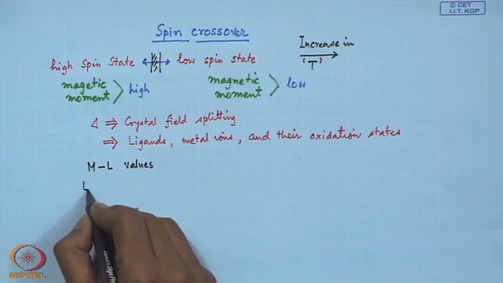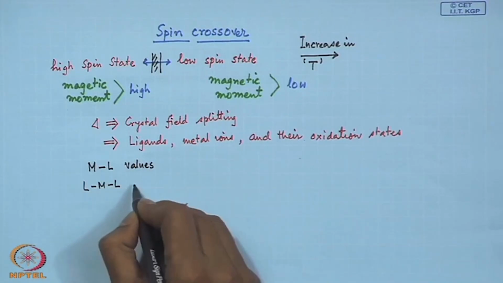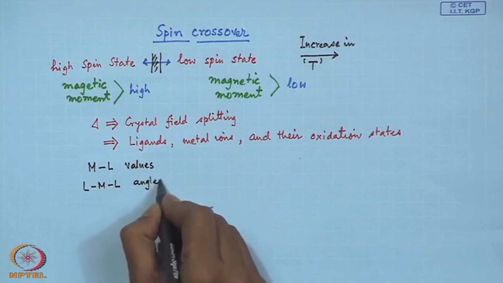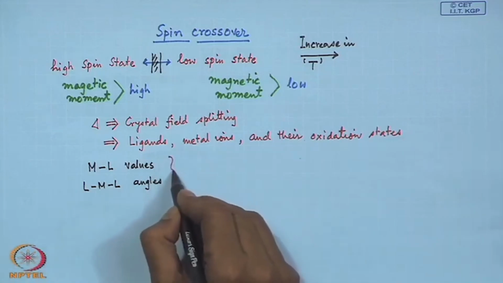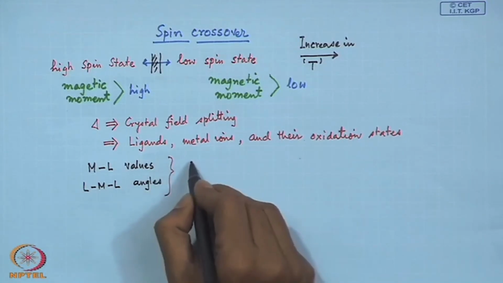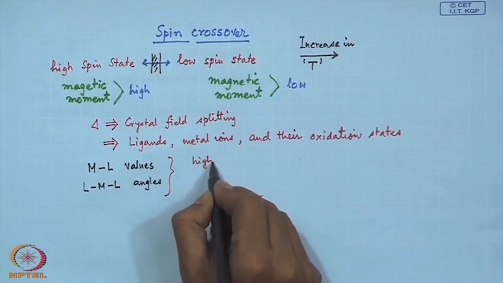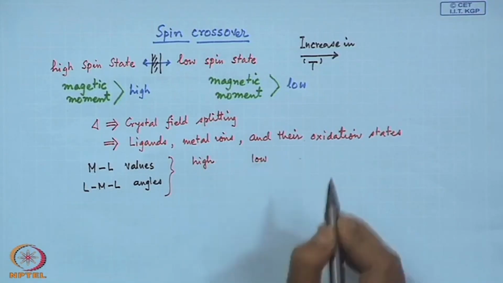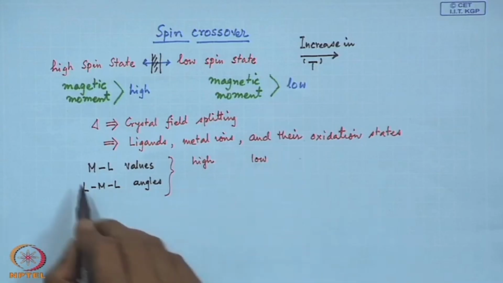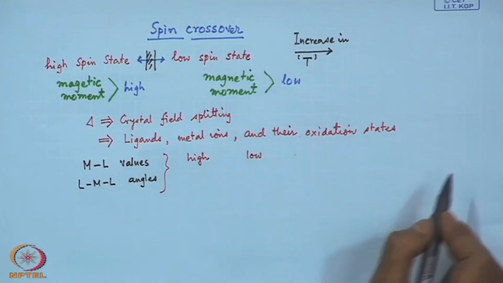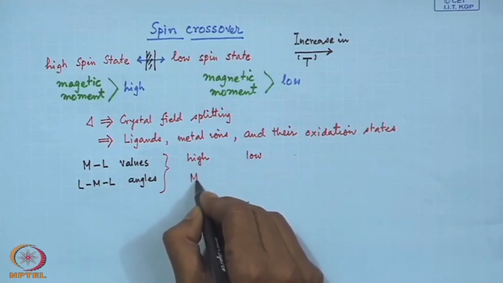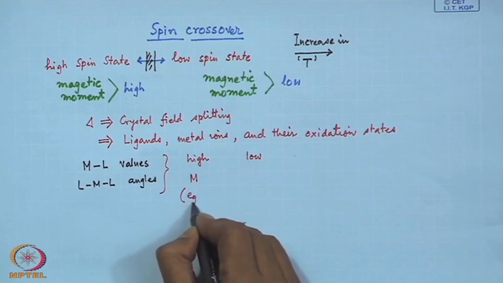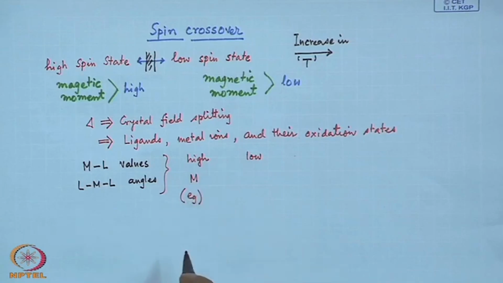and also the L-M-L angle from the X-ray crystallographic data, we will see that in some cases these values are high and in some cases they are low. That means when metal ligand distances are high, definitely we have the corresponding metal center with eg electron configuration.